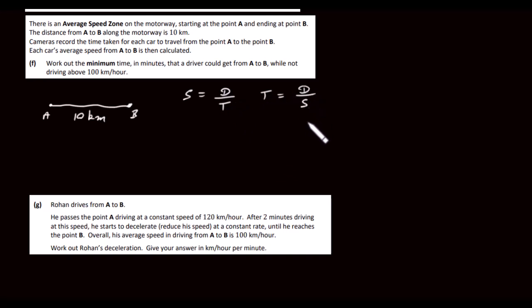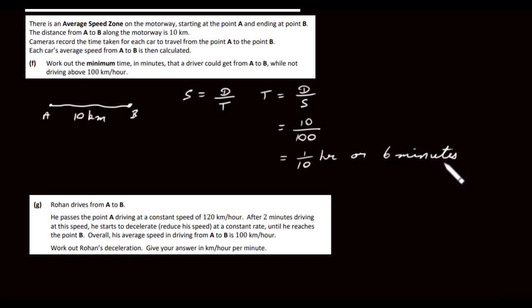The time is going to be equal to the distance, which is 10 kilometers, over the speed that we want, which is 100 kilometers per hour. So that's 1/10 of an hour, or 6 minutes. So our answer is basically 6 minutes.